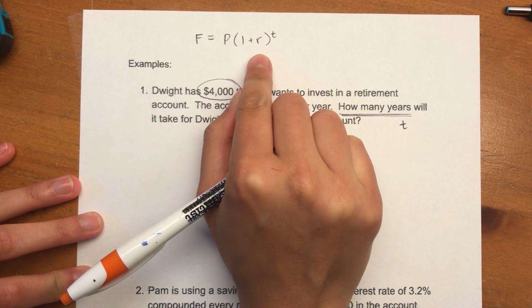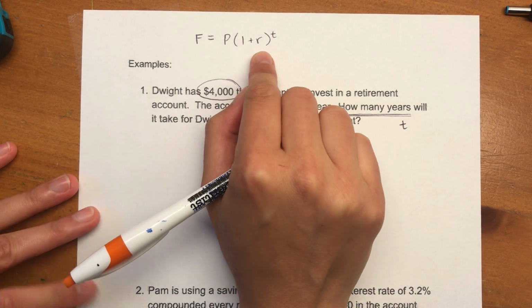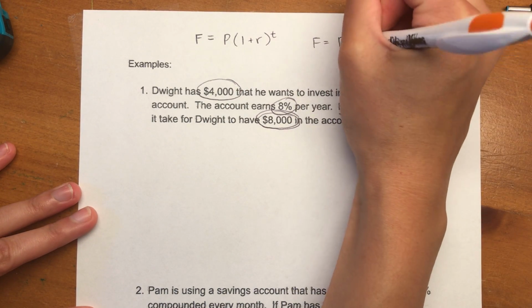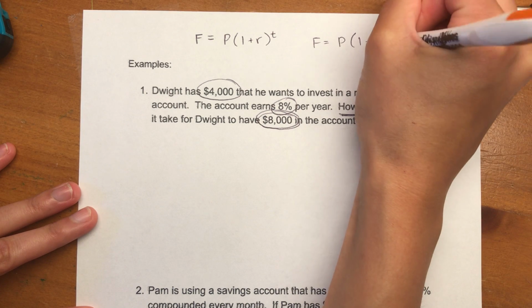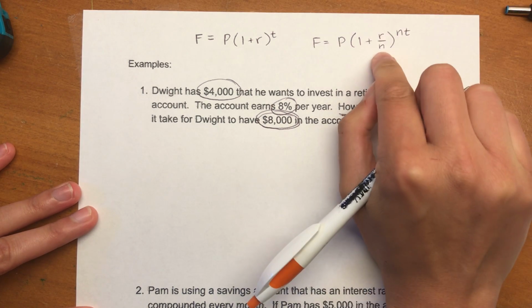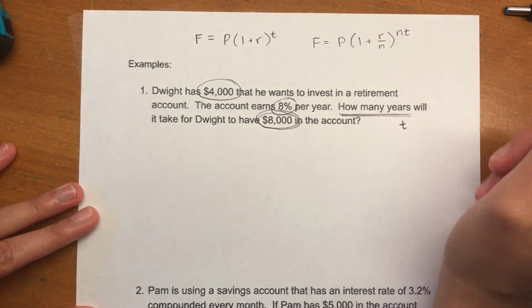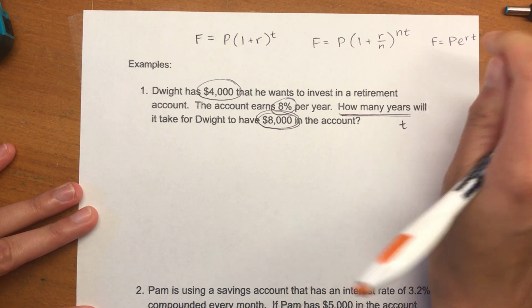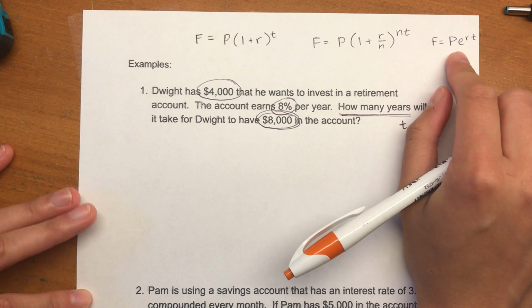This is our regular percent rate of change formula. Then we have our compound interest formula, where n is the number of compounding periods per year. And then we have our continuous compound interest formula, or Pert.